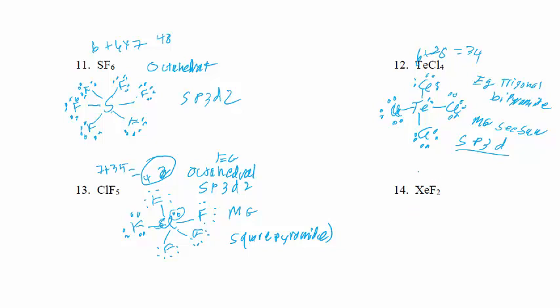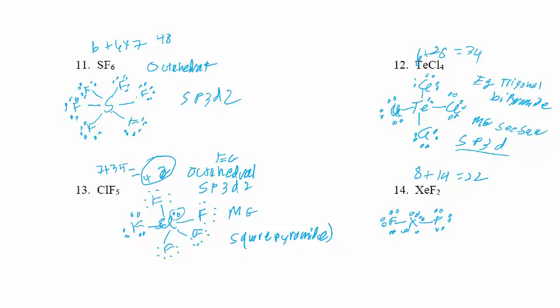Finally, xenon difluoride, that's 8 plus 14 equals 22, that's a little bit fewer. And we have xenon, of course, in the middle, fluorine, fluorine, 2, 4, 6, 8, 10, 12, 14, 16, 18, 20. And of course we have to have another one there.